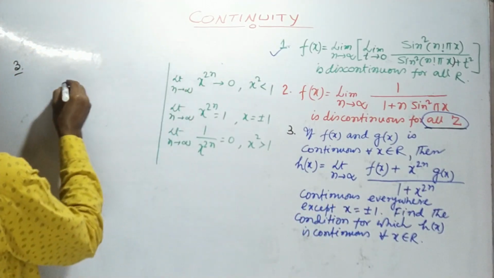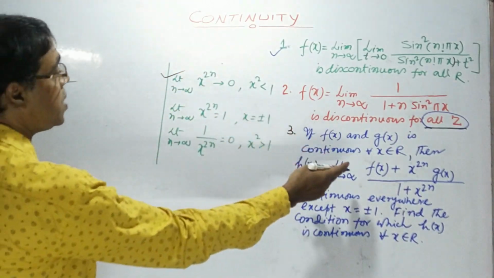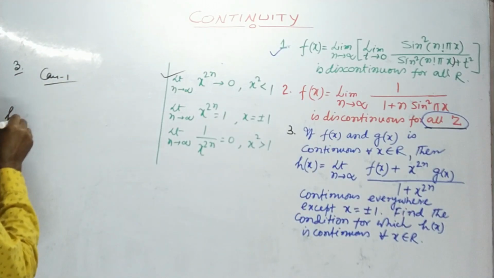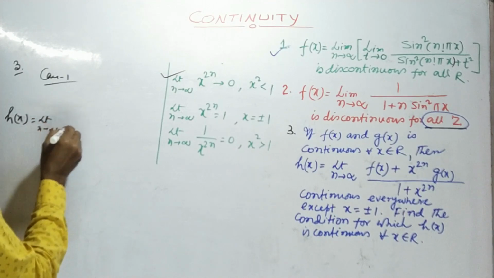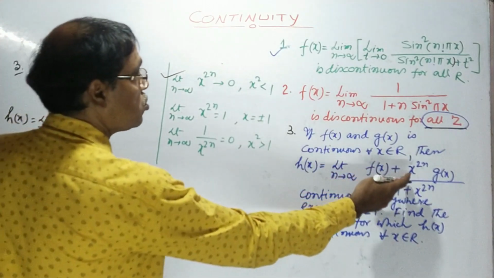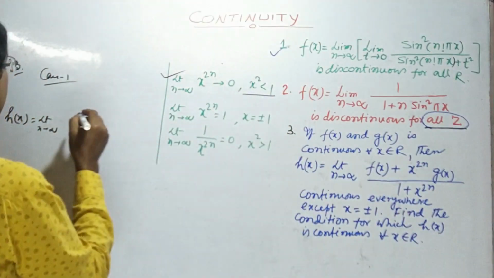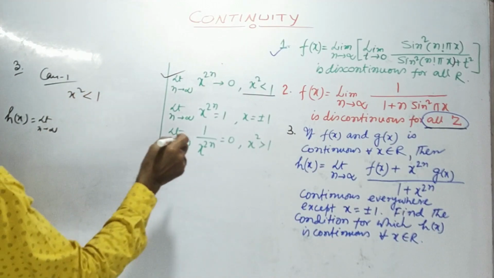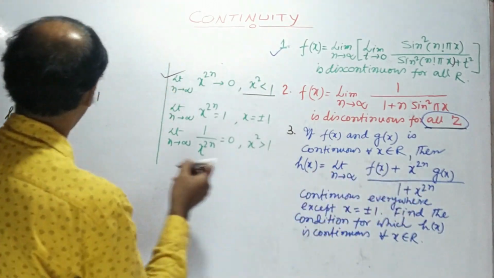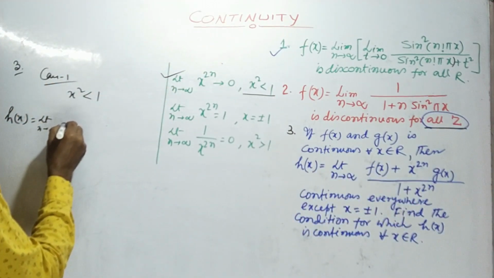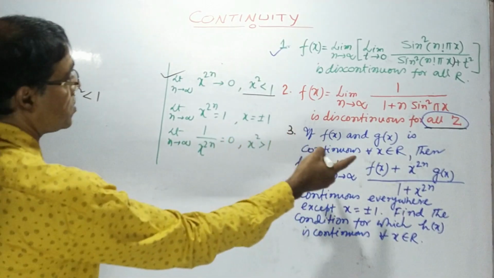Now for case 1, x square less than 1, in this case x to the power 2n is equal to 0, so this is 0 and this is 0, therefore h(x) equals f(x).